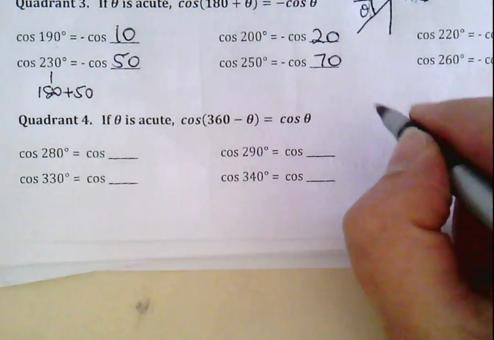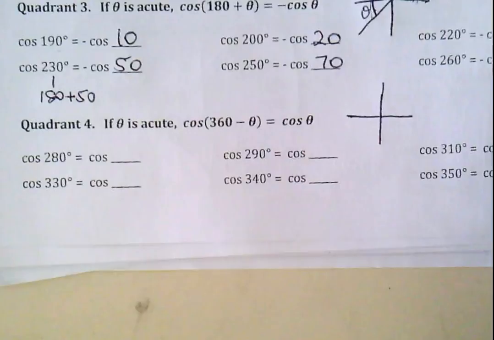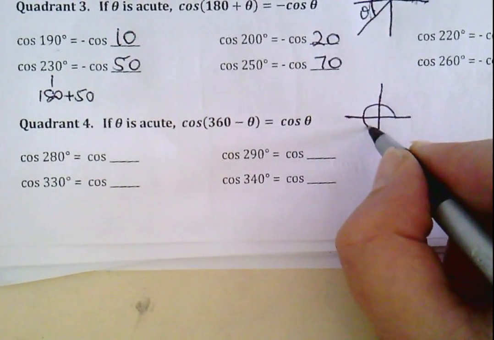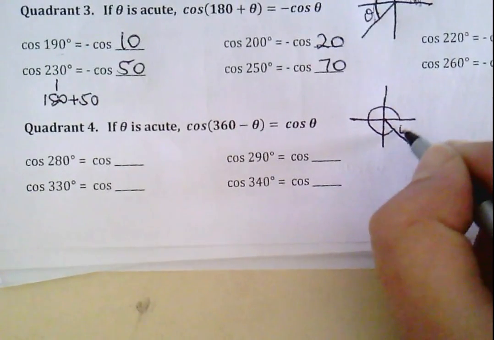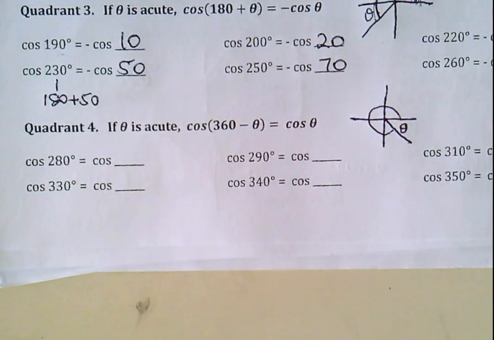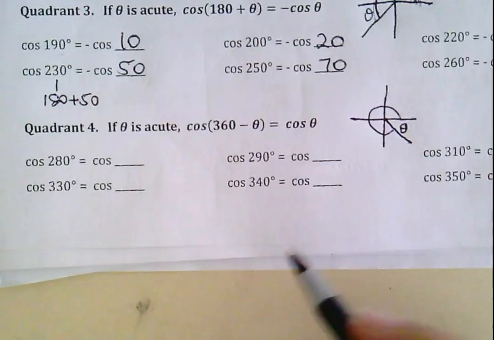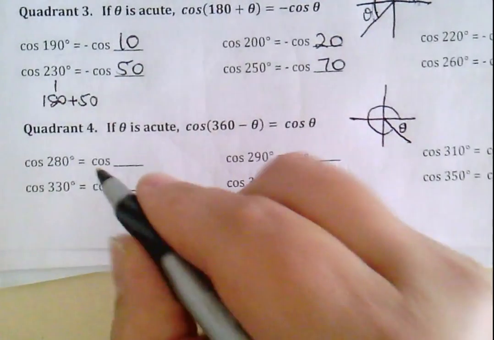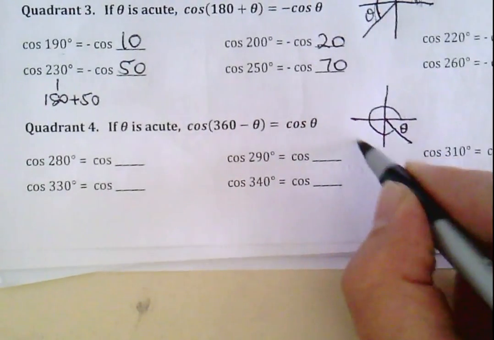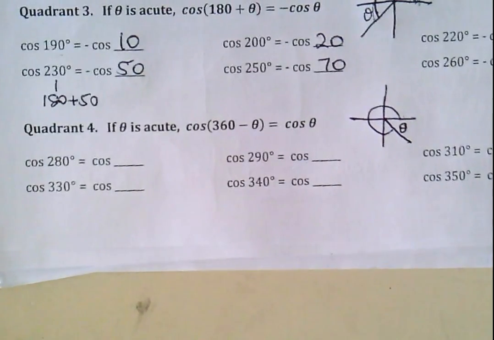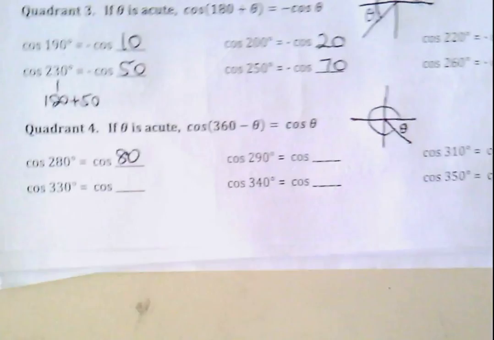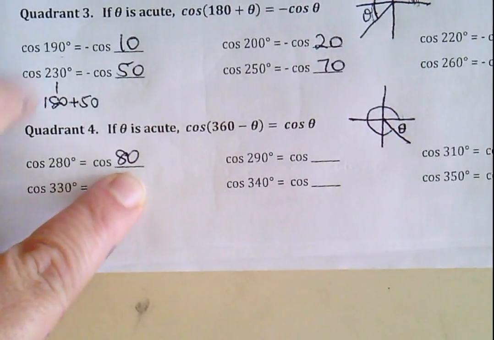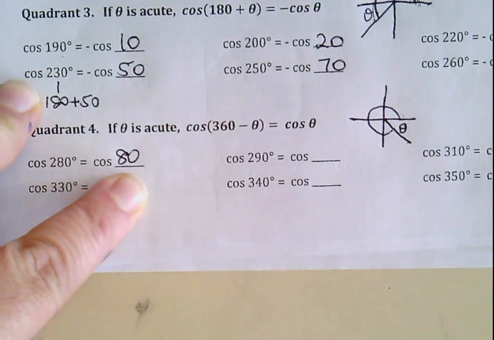Cos of 280, I'll draw it here. Quadrant 4, you go past the 270 line, you go in here, but I'm not interested in that bit there. I'm interested in the bit that's next to the x-axis, the butterfly, right? So 280 would have been 360, but I'm short how much? If you want, just go 360 minus 280 to see how much you're short. It's 80, but guess what? Cos is positive in quadrant 4, as you can tell from your graph.